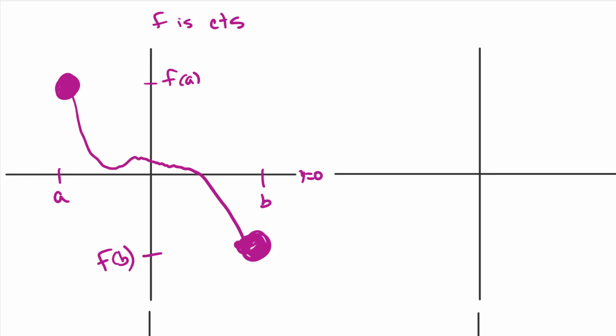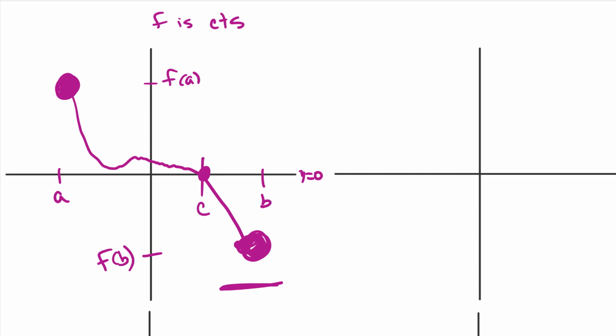I had to. That's the intermediate value theorem. If you have a value that makes your function greater than 0, and you have a value that makes your function less than 0, then there's got to be some value in between a and b, maybe some c, such that that function equals 0.